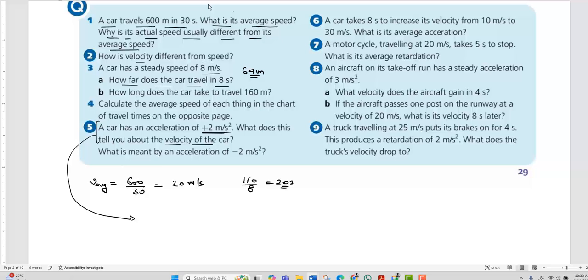In one sense that may not be principally true, but so far as your study is concerned, we will say that the velocity is increasing at the rate of 2 meters per second, every second.